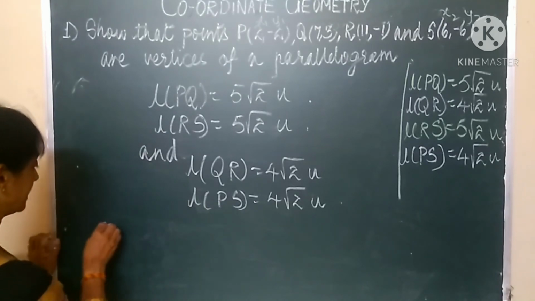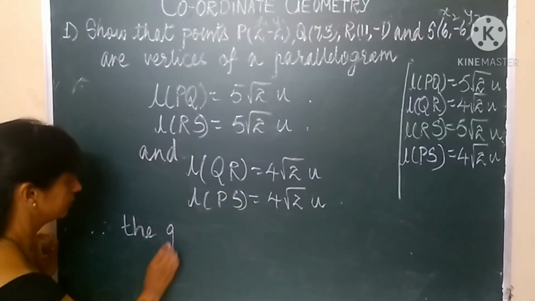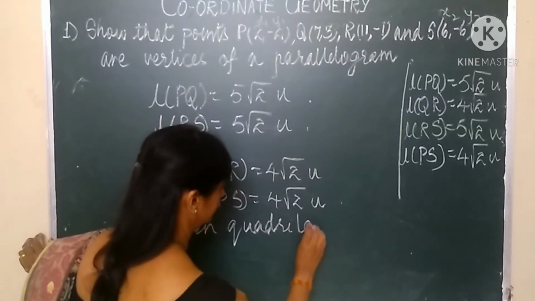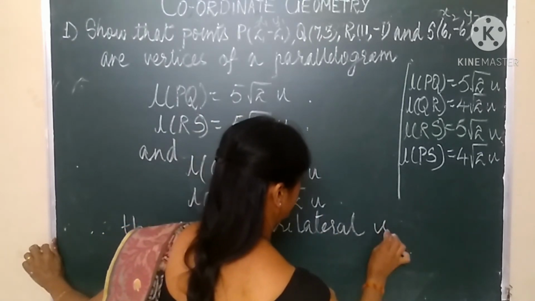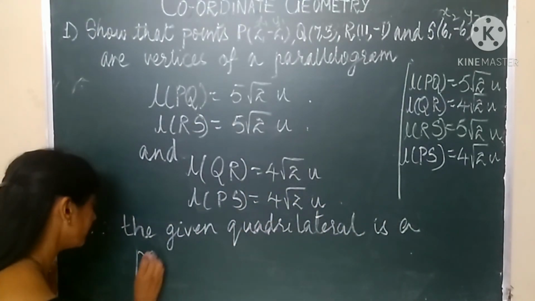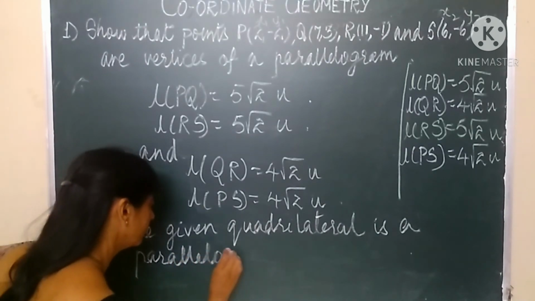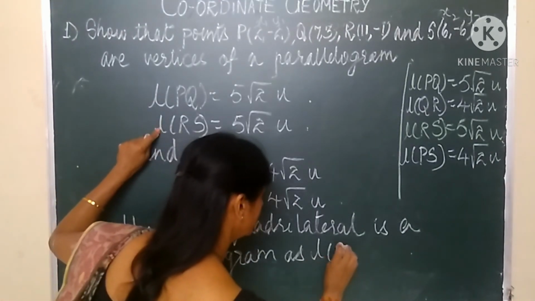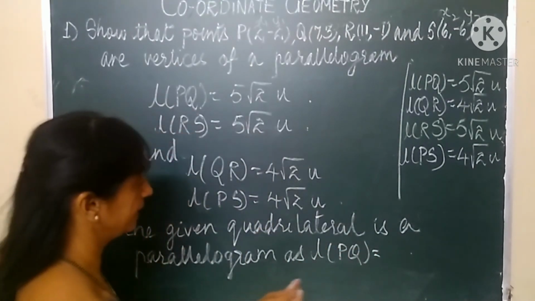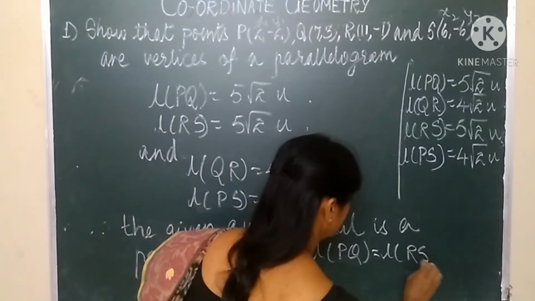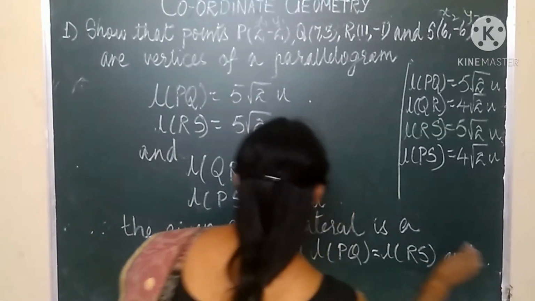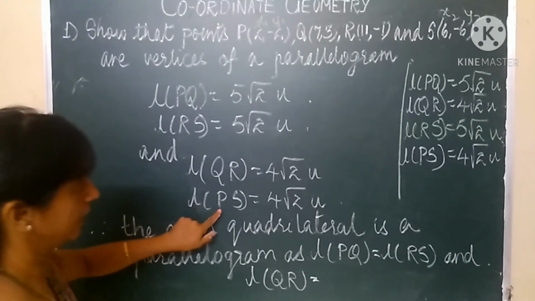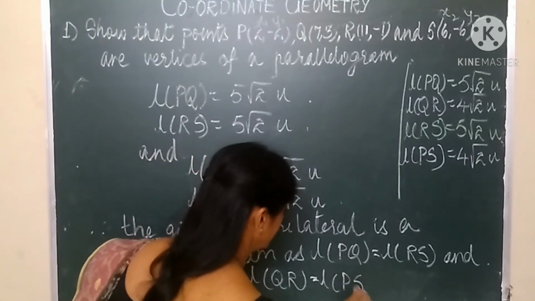Therefore, we can say that the given quadrilateral is a parallelogram, as length PQ is equal to length RS and length QR is equal to length PS.